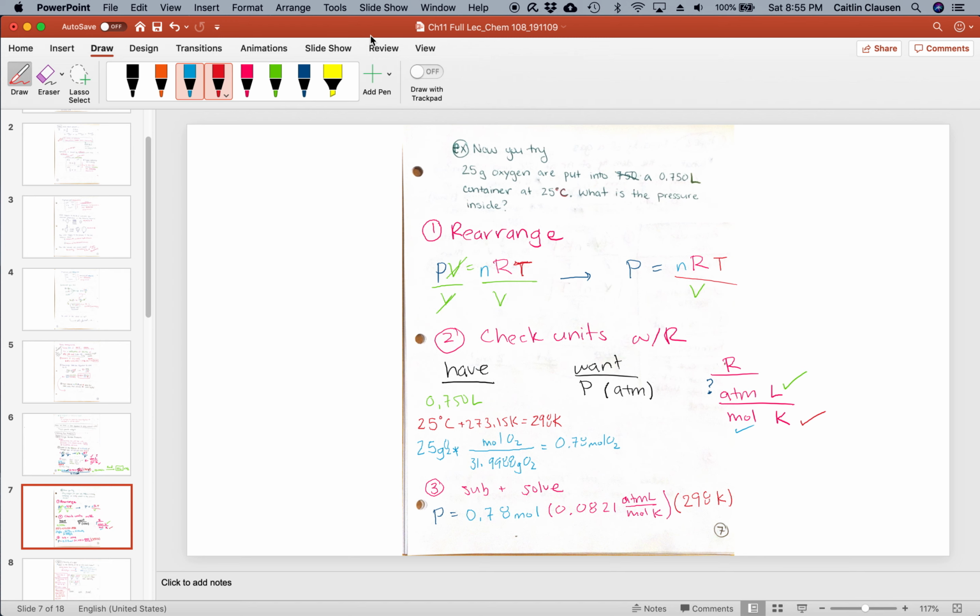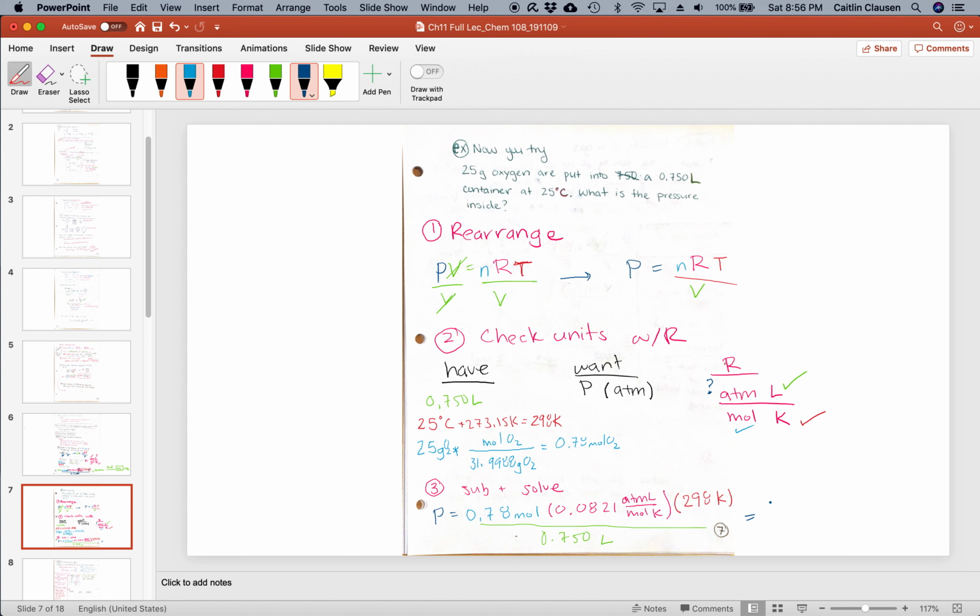Divide everything by the given volume, which was 0.750 liters. And if you calculate that with your calculator and then you follow sig fig rules, two significant figures from the moles, you should get some number.